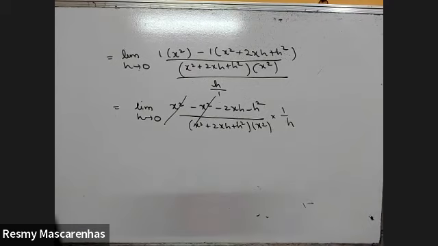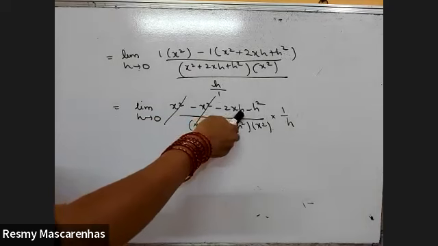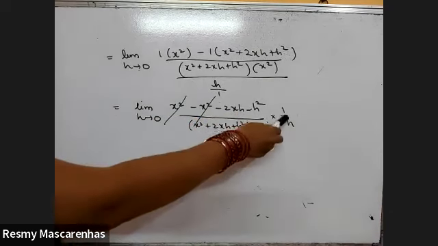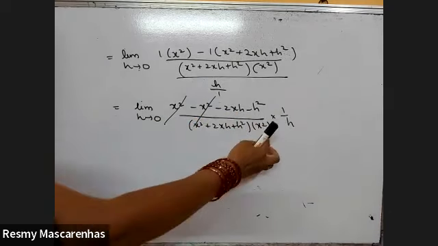Now, if you go to substitute h as 0, this will become 0 upon 0 form, because 1 upon 0 will give me 0.